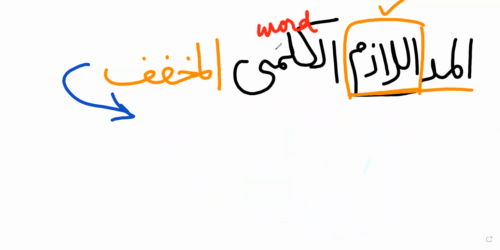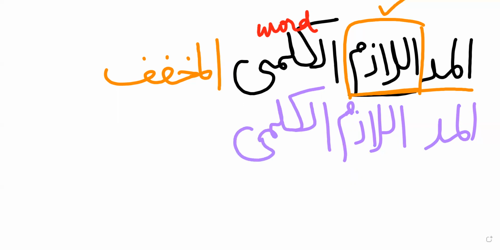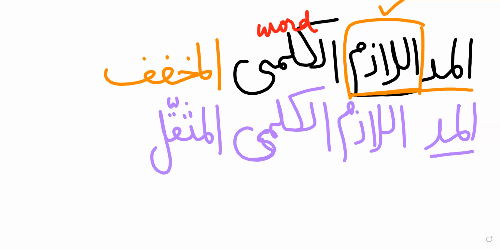Then let's go to the second mad, which is al-mad al-lazim. Again, it's in a kalima, kalimi al-muthaqqal. So here, al-mad means that it's going to be a stretch more than 2 count.